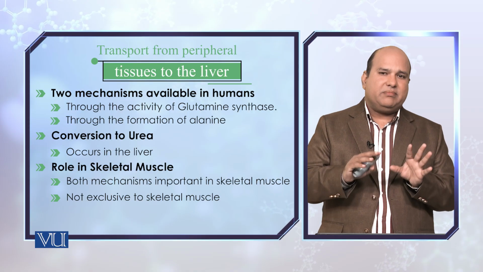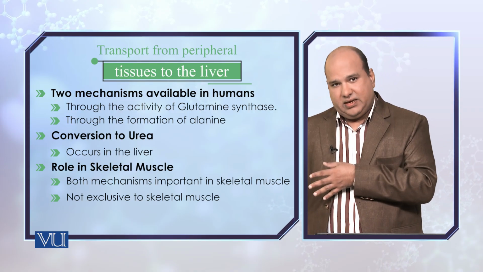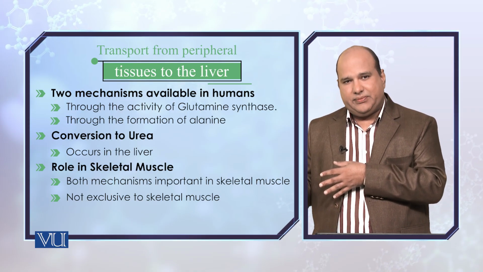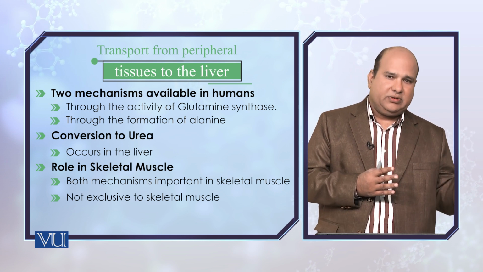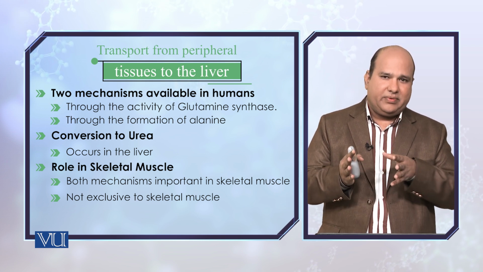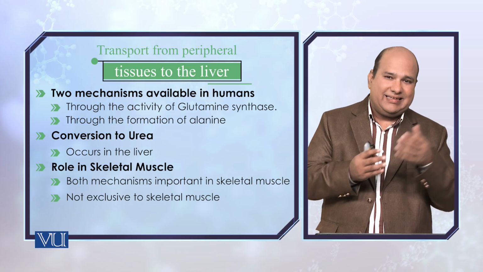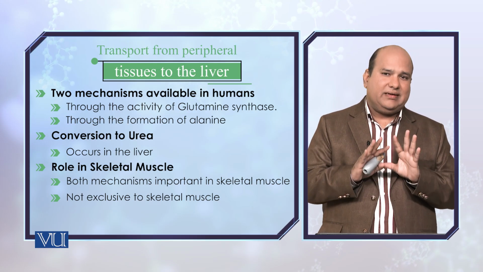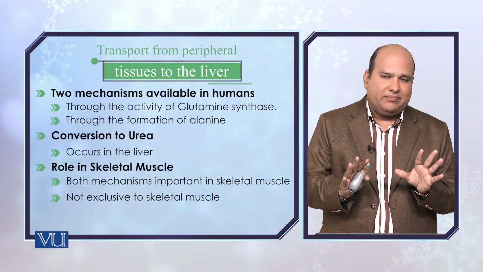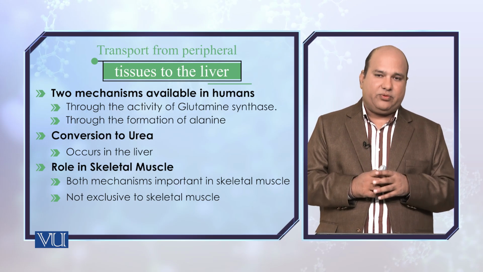But keep in mind, skeletal muscle is not the only tissue type from which the different amino acids carrying the ammonia are taken to the liver. Other body parts are also involved, but skeletal muscles have a much more significant role here.